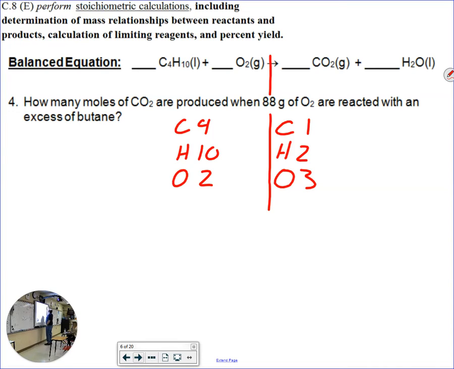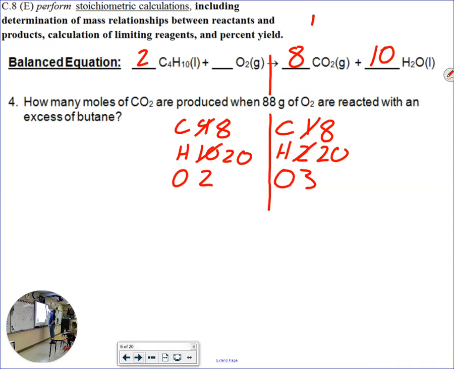I'm going to go ahead and make that 10. And that's going to give me 2 times that, which gives me 8 carbons, 20 hydrogens, and 6 oxygens. So 2 times 4 is 8, so I'm going to put an 8 here.